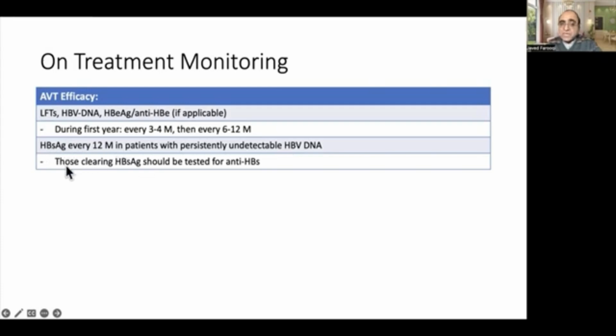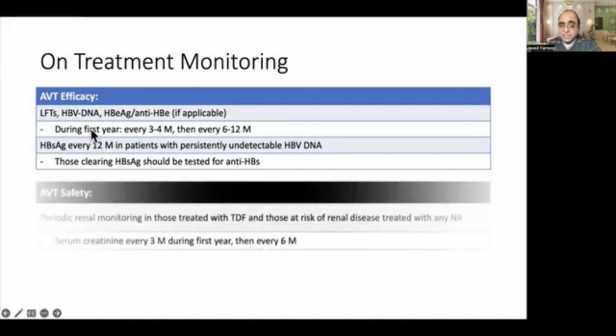Those clearing HBs antigen should be tested for anti-HBs. Once the patients lose their HBs antigen, then we check their anti-HBs as well. This is the monitoring for the antiviral treatment efficacy.